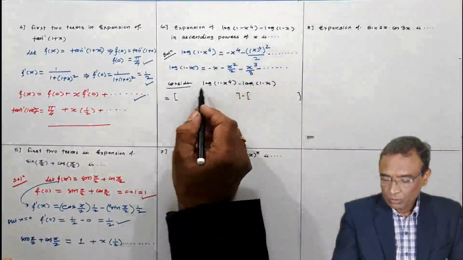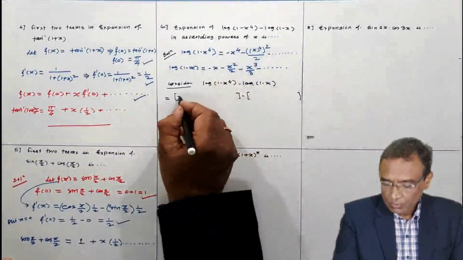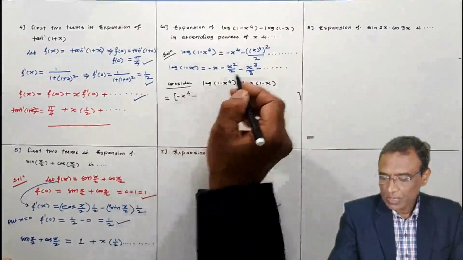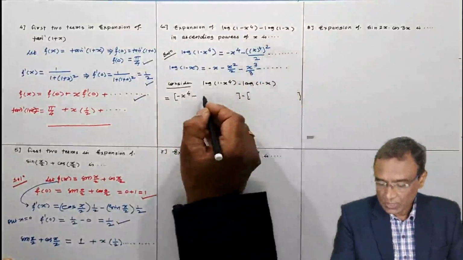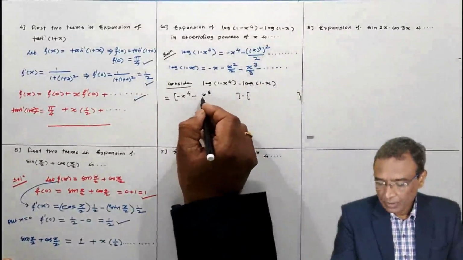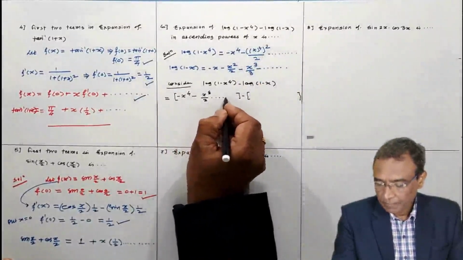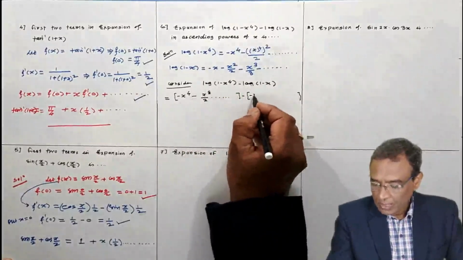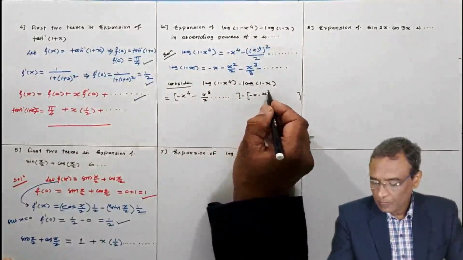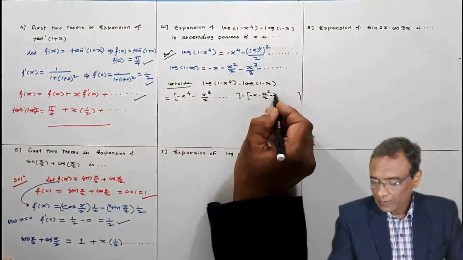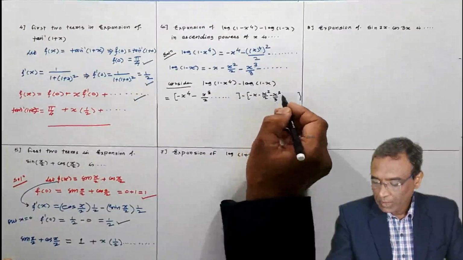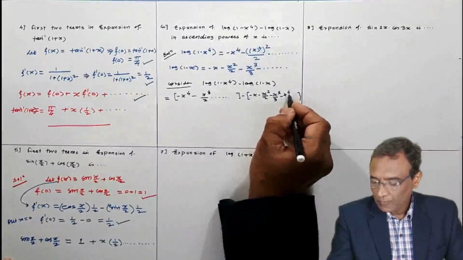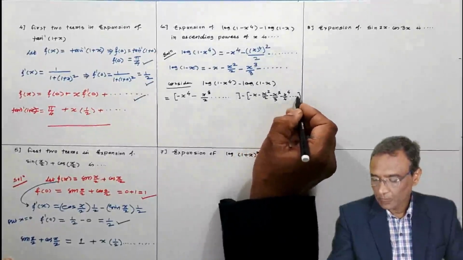So log of 1 minus x to the power 4 is minus x to the power 4, minus x to the power 4 raised to 2 means x to the power 8, and higher power terms are there. Here log of 1 minus x is minus x square by 2 minus x cube by 3 minus x to the power 4 by 4 and so on.